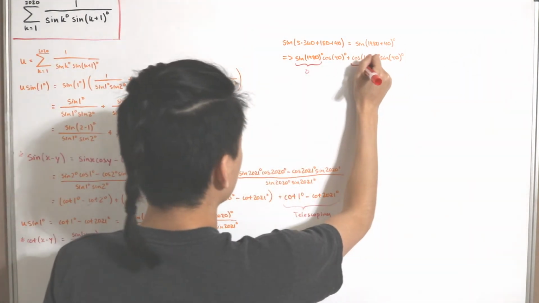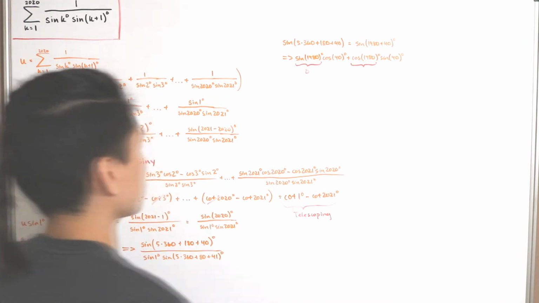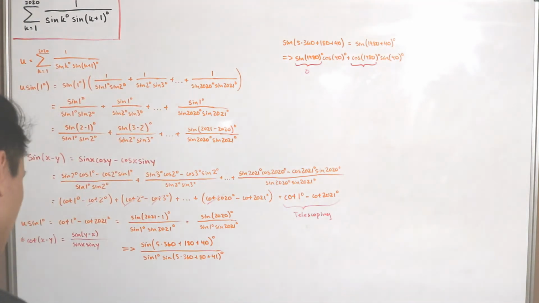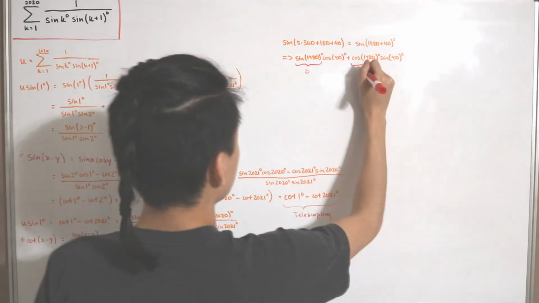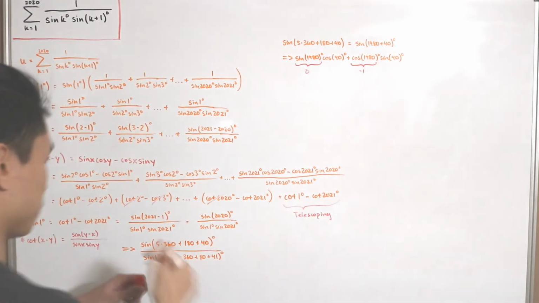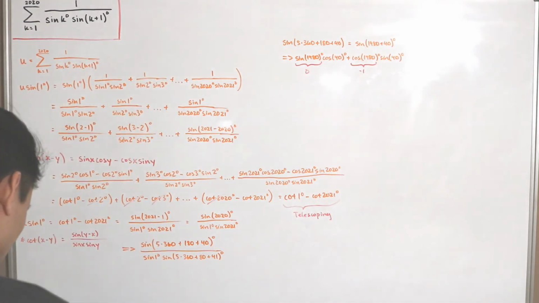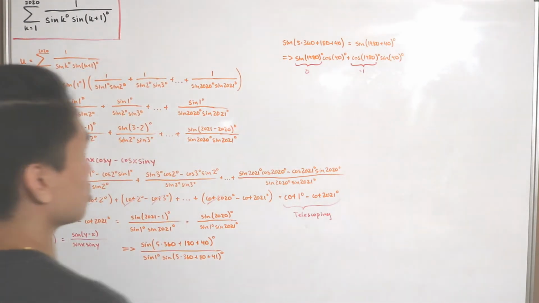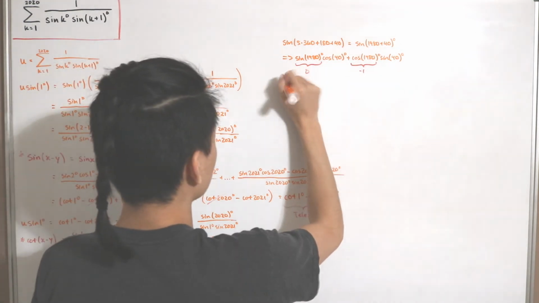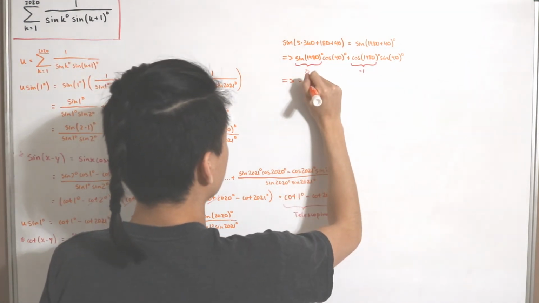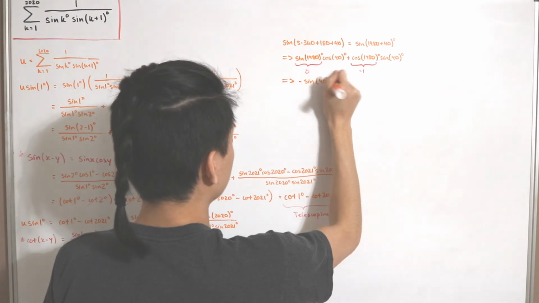And over here, cosine of 1980 is cosine of pi, which is just -1. Therefore the conclusion is that this is simply equal to negative sine of 40 degrees.